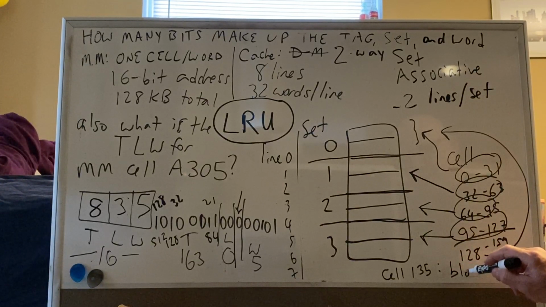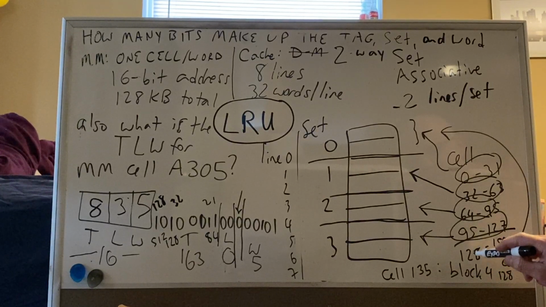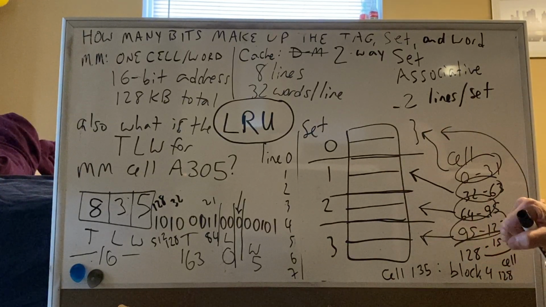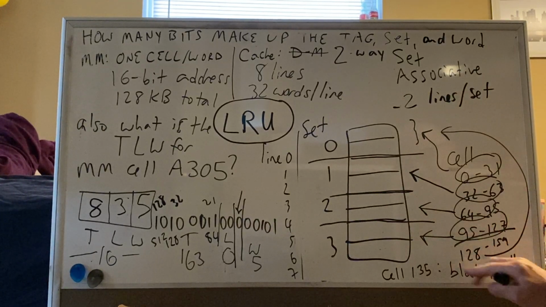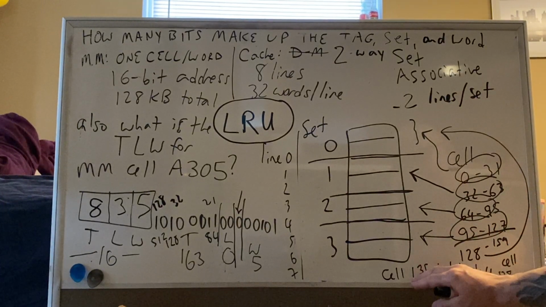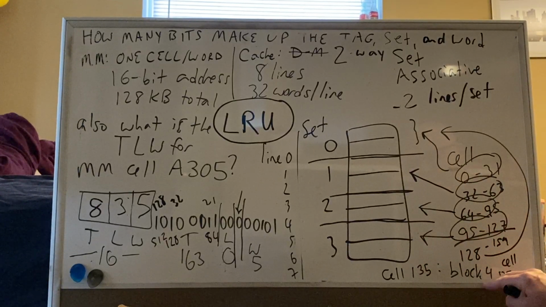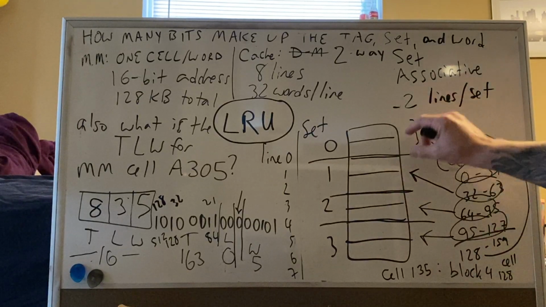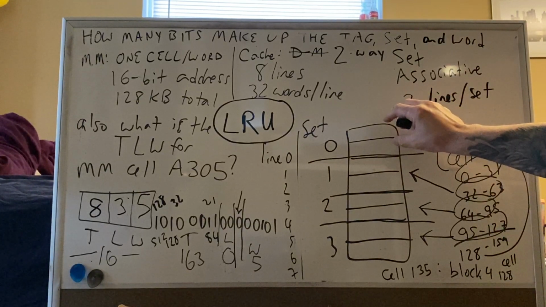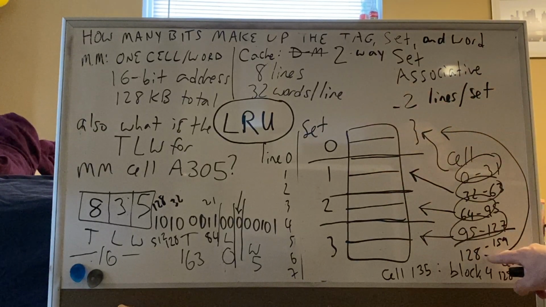Cell 135 is in block 4, along with cells 128, 129, 130, etc. up to 159. That's the principle of spatial locality. If you wanted cell 135, for example, from memory, I just made that up, you would bring in everything in its block 4, cells 128 to 159, and put it in the least recently used line in set 0.